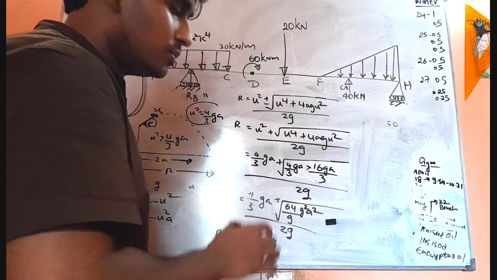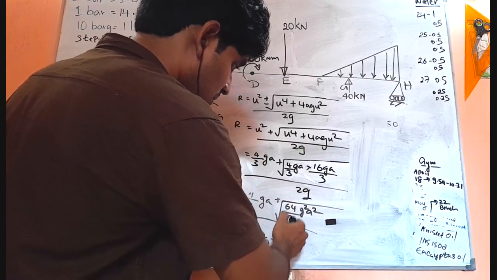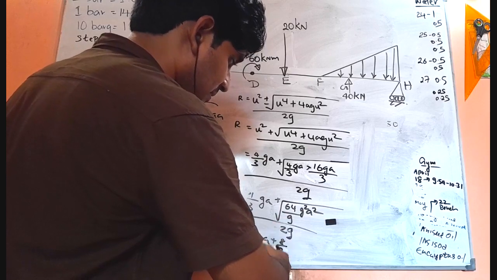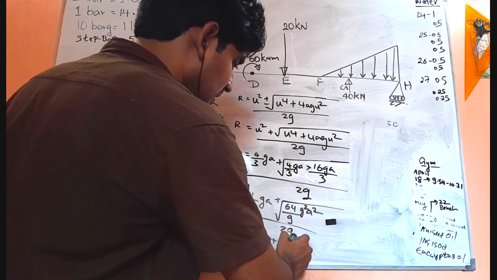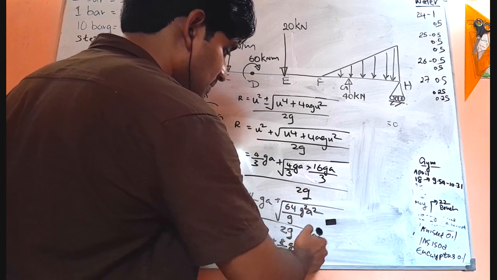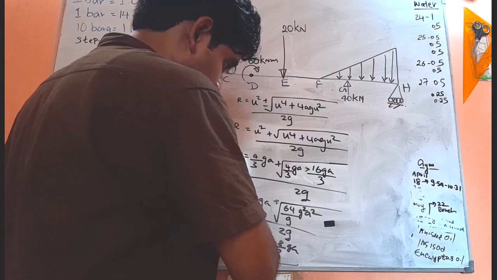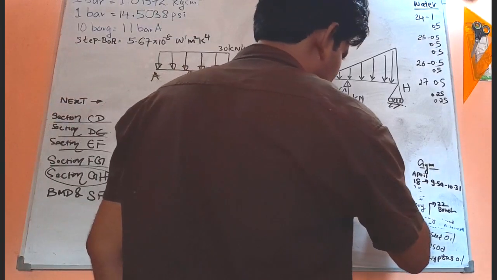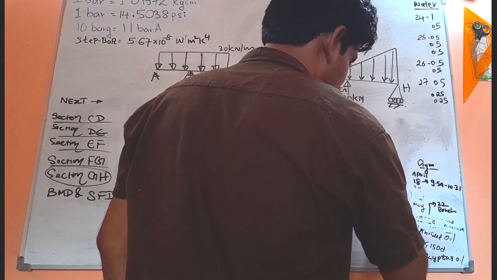So it will be 8. Square root of 9 will be 3. So 8 divided by 3, and the square root of g squared a squared is ga. So 8 divided by 3 ga will be the answer if you take the square root, divided by 2g. So 4 plus 8 is 12, so 12ga divided by 3, divided by 2g.